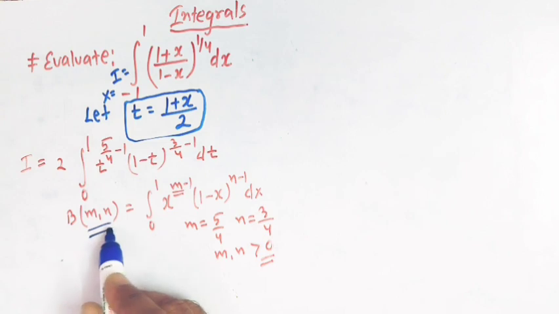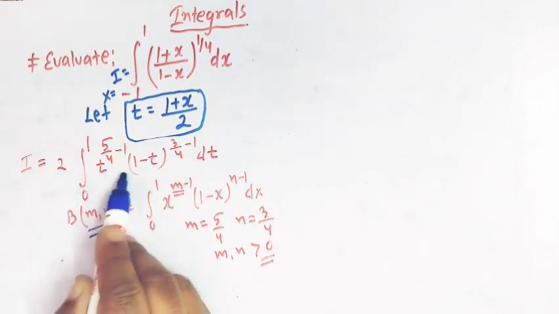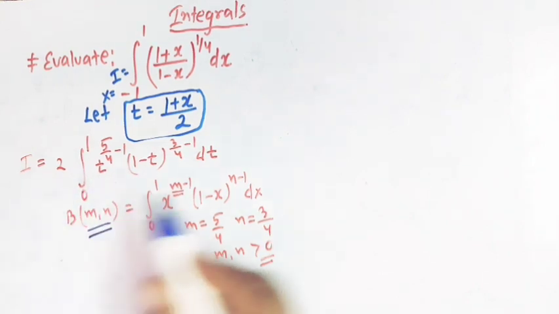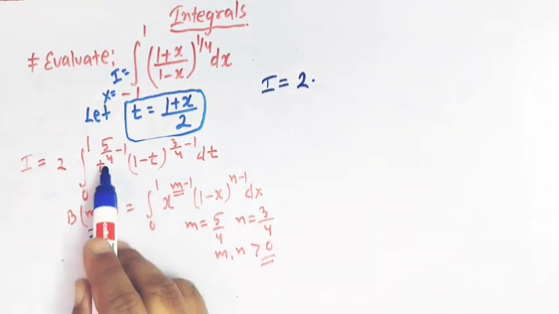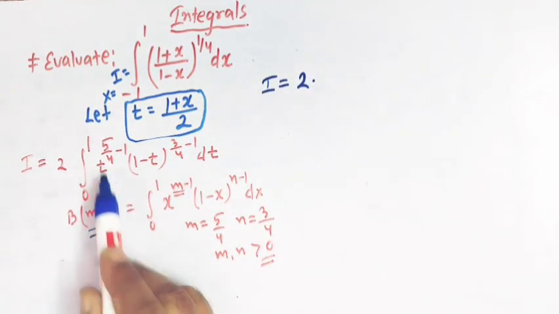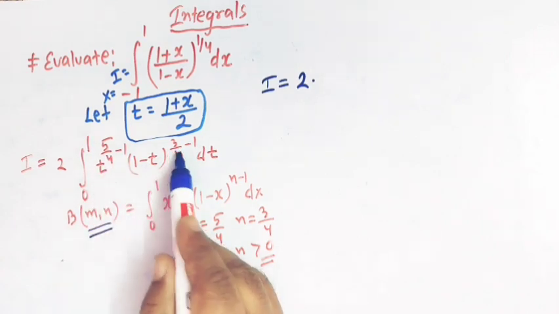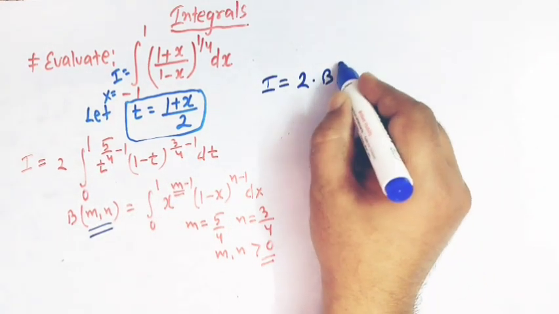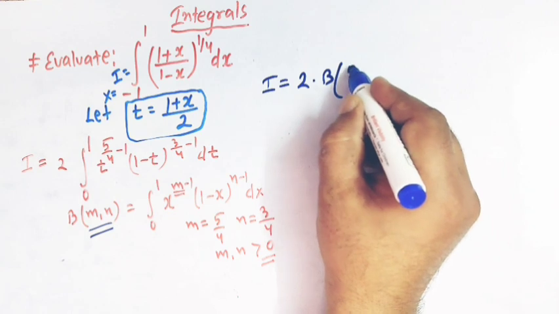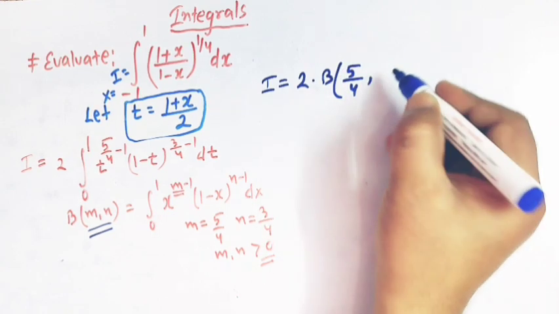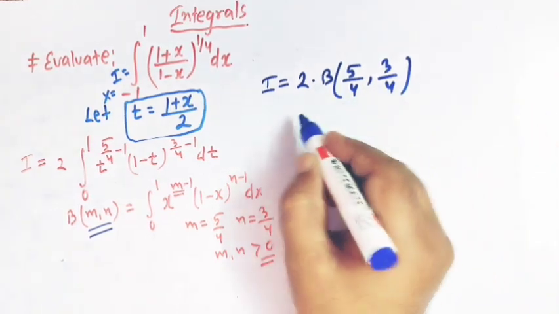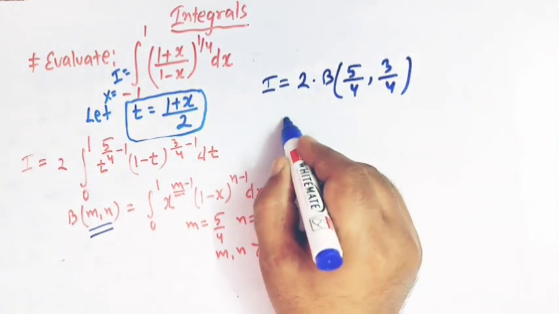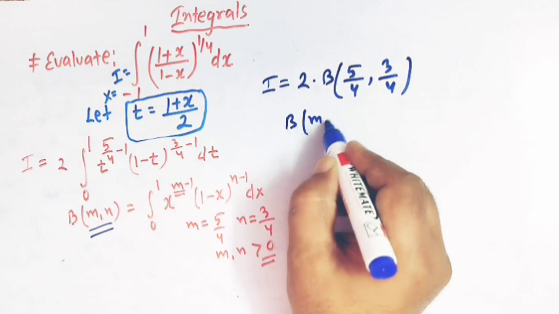So using this integral, in this integral I, we have I equal to 2 times beta of (m, n), where m is 5/4 and n is 3/4, right? So we have beta(5/4, 3/4). And now we know an important relation between the beta function and the gamma function.